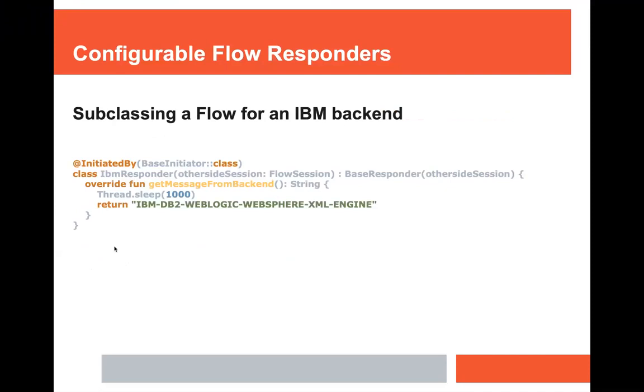So what we've done here now is the node will be running with two flows registered to base initiator. And in Corda 3, what that led to was sort of random behavior. Depending on which flow is encountered first by the Corda app loader, that will be the flow that was used to respond to the base initiator.